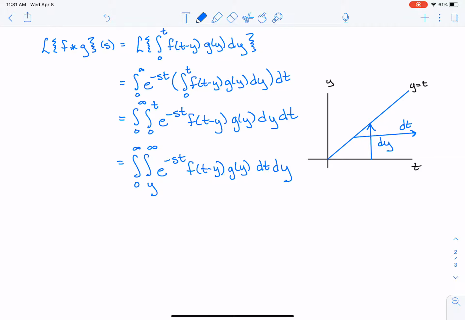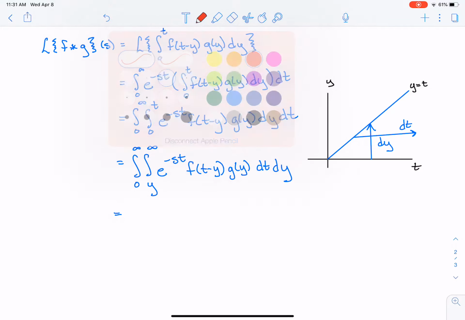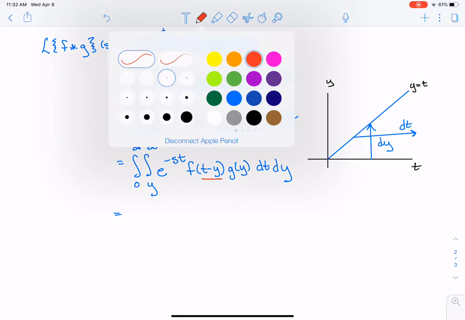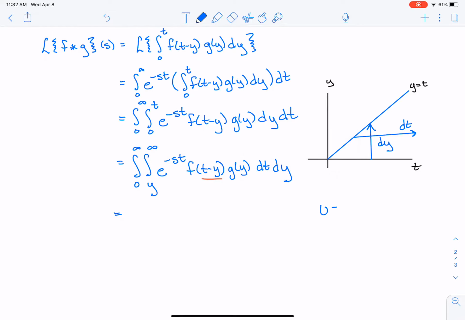Well, now I've got an integral from 0 to infinity, an integral from y to infinity. But what's really bothering me is this t minus y. So I'm going to get rid of that by doing a u substitution, just like we did before. I'm going to let u equal t minus y, and then du is going to equal dt.